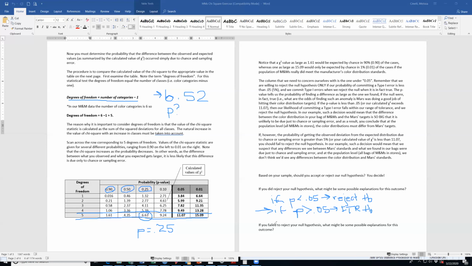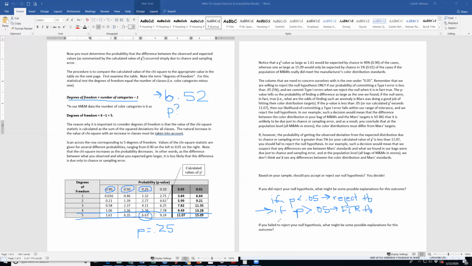All right, so in our case, in my example, my p-value is greater than 0.05, so I'm going to fail to reject the null hypothesis, which means that I'm concluding that what I observed is equal to what I expected. All right. And I know that this hurts because what we observed is not equal to what we expected. But remember that implied in this null hypothesis is that while we observe differences, we are concluding that those differences were not real in the sense that they don't reflect actual population level differences.